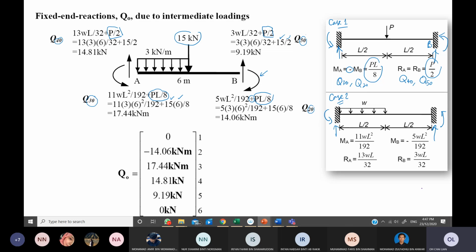What if the W is not at the left side but at the right side? Anyone? Can we still use exactly this MA, MB, RA, and RB? Any idea?